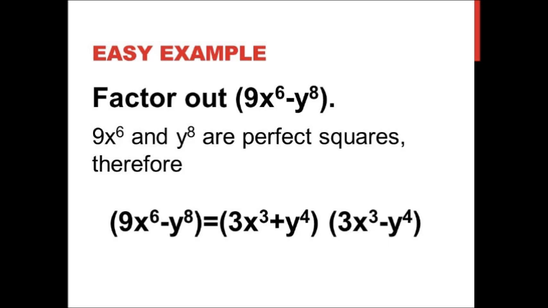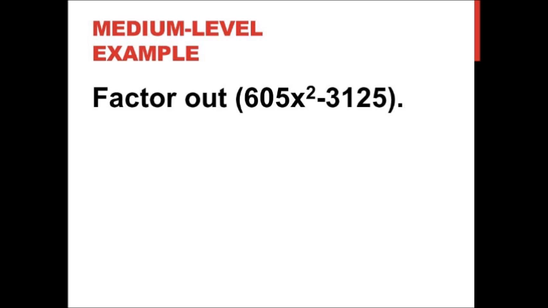So still simple enough, right? Do you still want one more? Okay, I'll give you one more before we move on to the medium level difficulty. So let's hit it. We have another problem. It's 605x squared minus 3125.